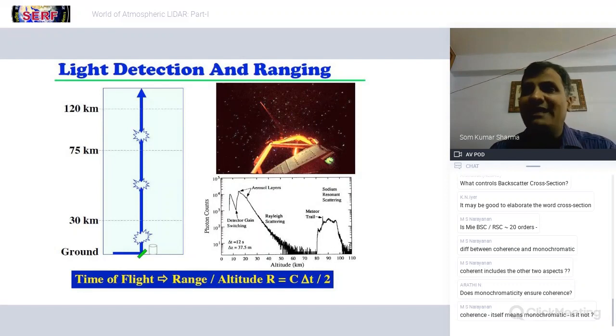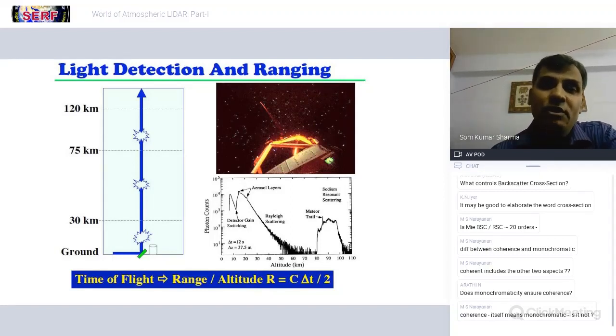If distance is height or range, then range is equal to velocity into time. The laser travels with the velocity of light, which is known: 3 into 10 to the power 8 meters per second. So what is unknown? Only time. If you come to know the time by some device, then you can calculate the range.